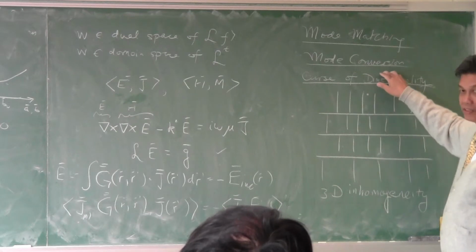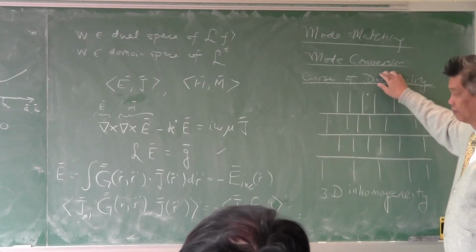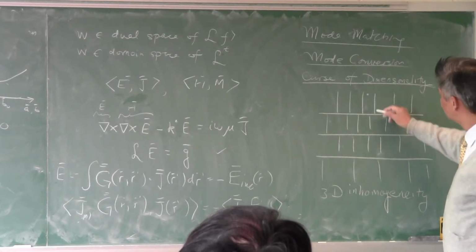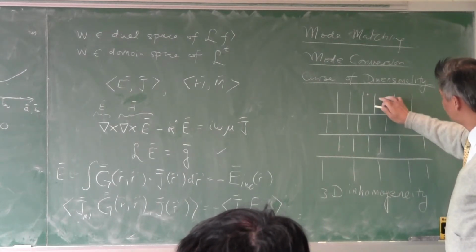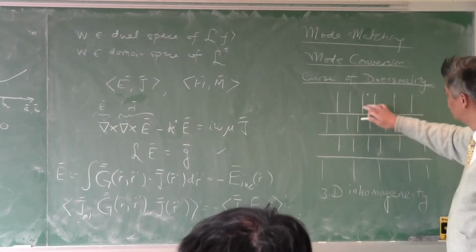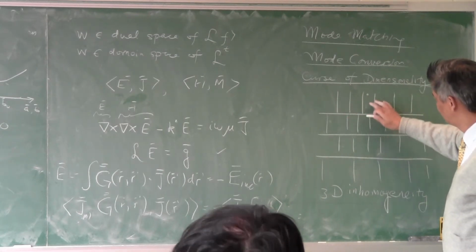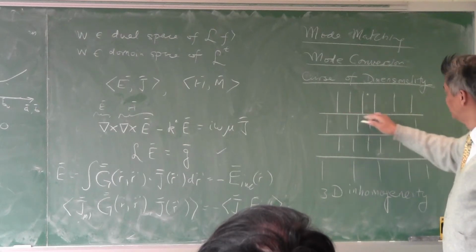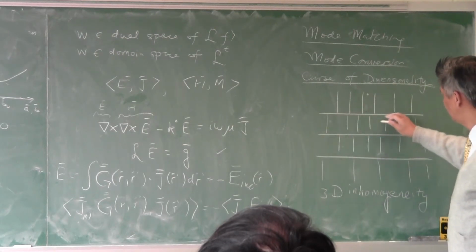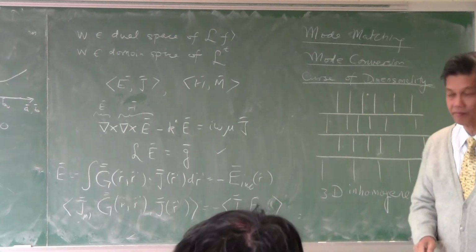There will be the physics of mode conversion, in the sense that if you just have one mode coming in, if you just excite one single mode, if you're clever enough to design a source to excite one single mode, the mode that comes in will bounce back with many, many modes. All the modes will be excited because of the asymmetry introduced by this discontinuity.